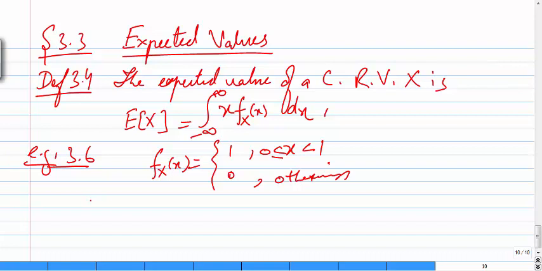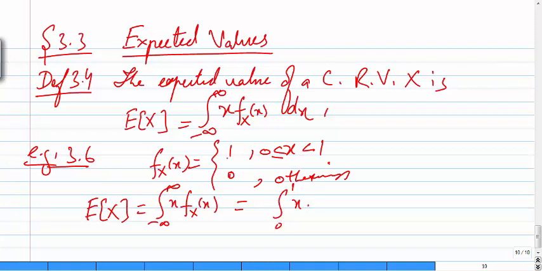As you know, the expected value formula is the integral from minus infinity to infinity of x times f_X(x). Because this is defined between 0 and 1, our limits start from 0 to 1, x times the PDF which is 1, dx. So when we do that, this is x squared by 2 from 0 to 1, just plug in the values, and it becomes 1 by 2.